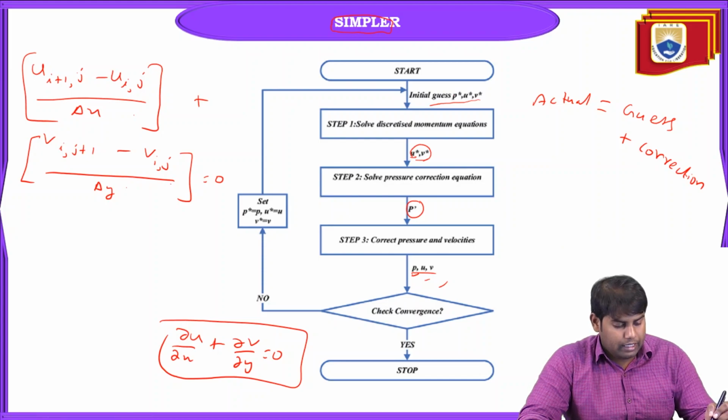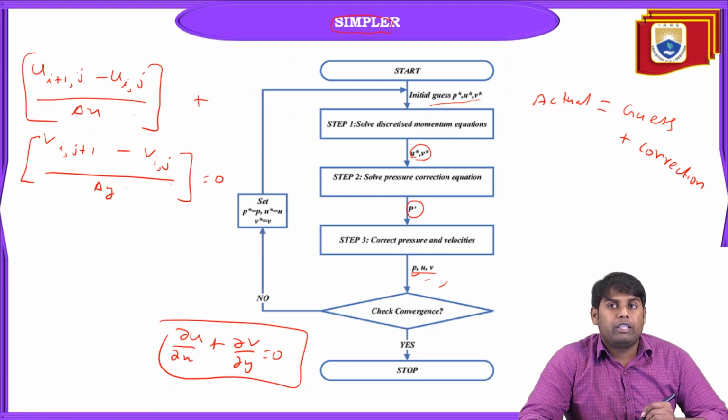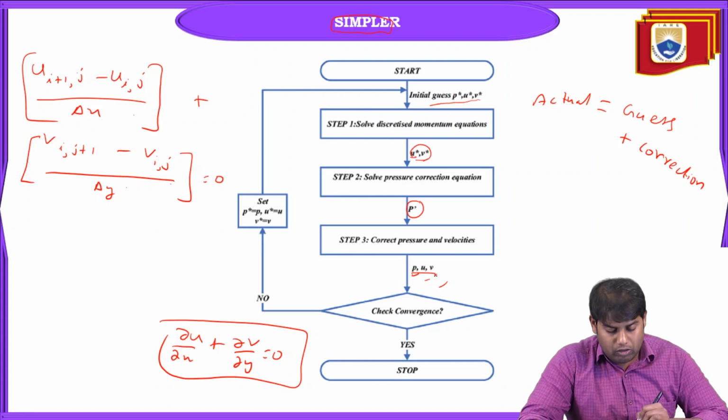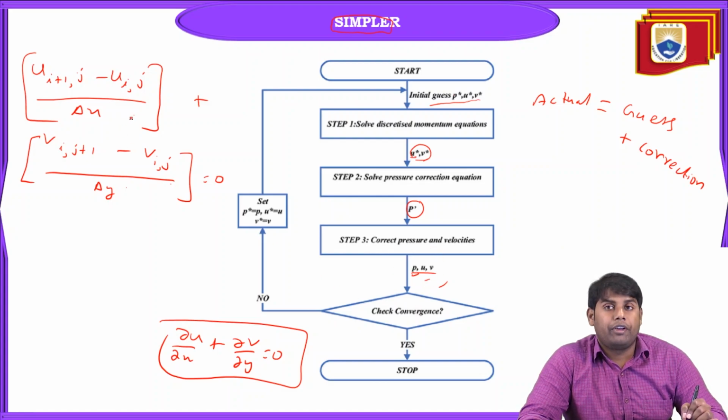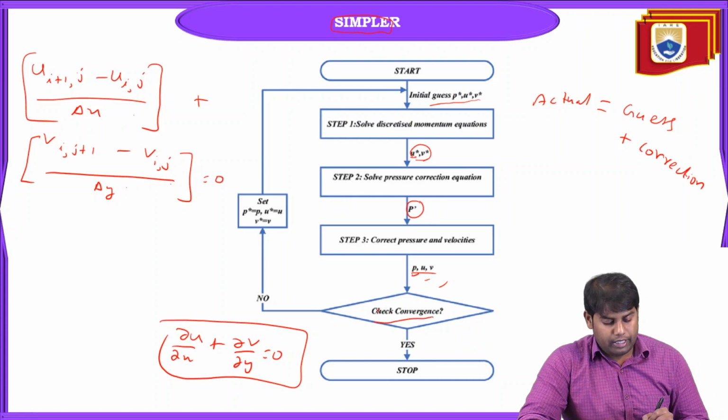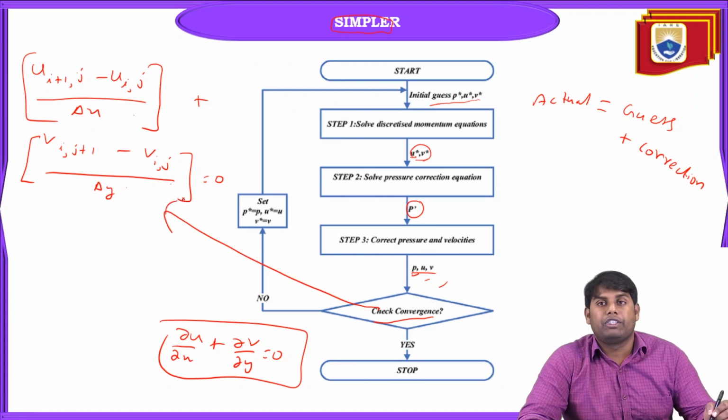Now what is happening actually? The values we have here, the value of p, u and v, we will substitute in the continuity equation. The values we get at the end of the pressure correction and velocity corrections, we substitute in the continuity equation. That is called the convergence check. So the convergence check is performed in this way.